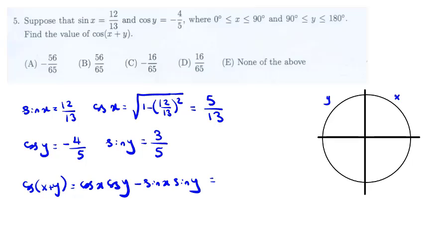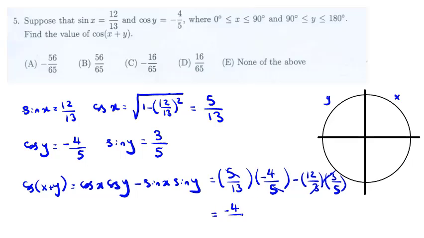Now cos x cos y is 5 over 13 times negative 4 over 5, minus sine x sine y, 12 over 13 times 3 over 5.